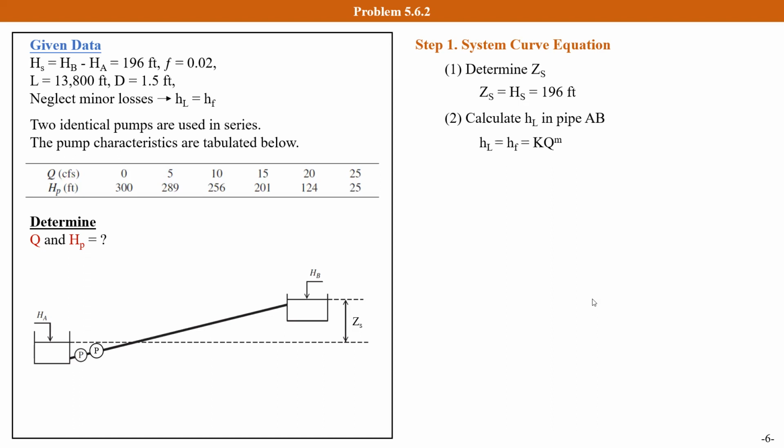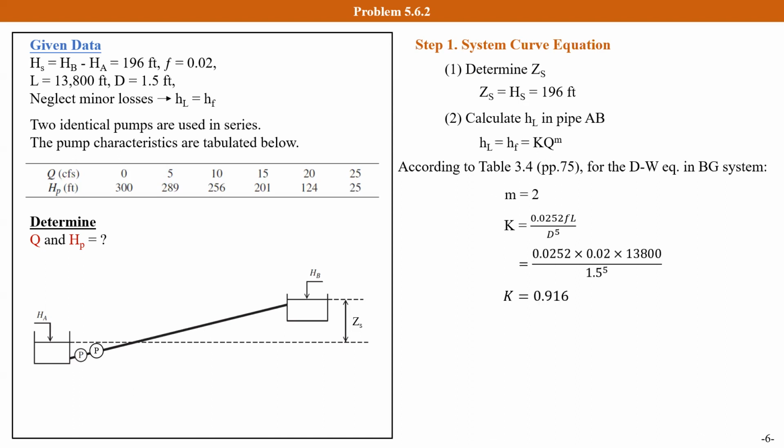The next step is to calculate the head loss between the two reservoirs. It equals K times Q to the power of M. According to the equation given in table 3.4, we can get the coefficient K, which equals 0.916.